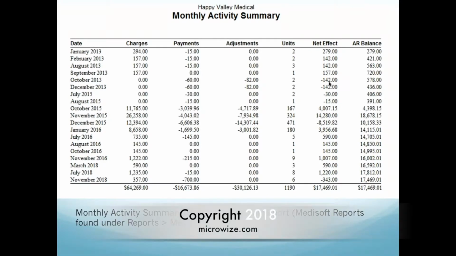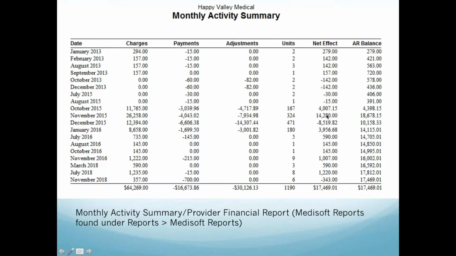So why is this important? You want to look at peaks and valleys. Let's say I have a large amount here that went up. That could be a good thing. That means I'm seeing a lot of patients this month. It could also be a bad thing, where I'm not collecting money because my account receivable is just growing.